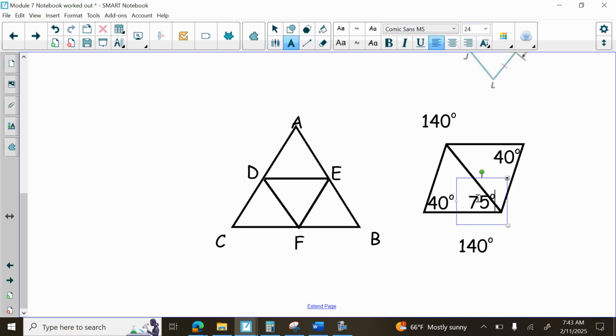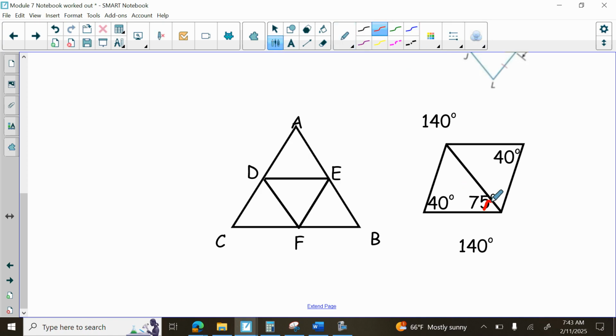Do you guys remember parallel lines cut by a transversal? So what kind of angle is this angle and this angle?